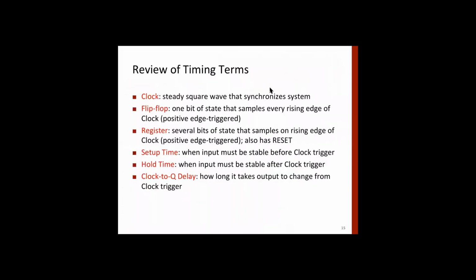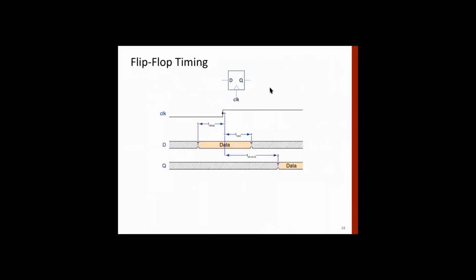Okay, so come back here. So these are the things that we have discussed so far: setup time, hold time, and clock to Q delay. We'll show it here as part of this diagram. So this is the clock. Okay, now here we have setup time, it means that this value of D has to be stable during this time, and this has to be stable for the whole time.